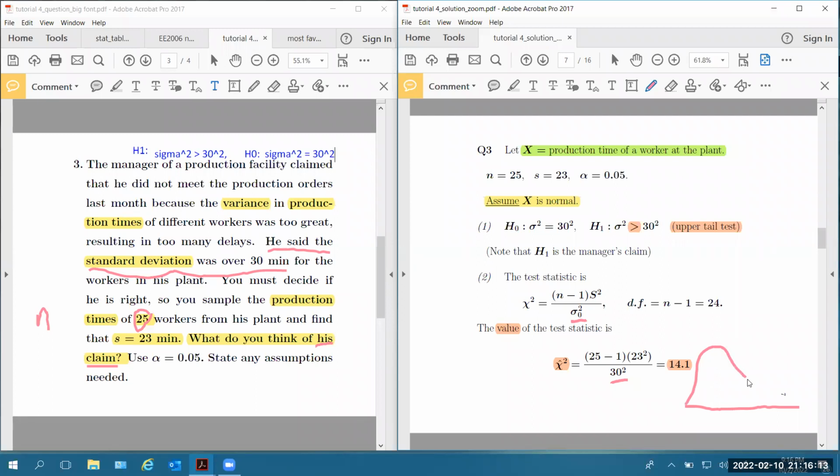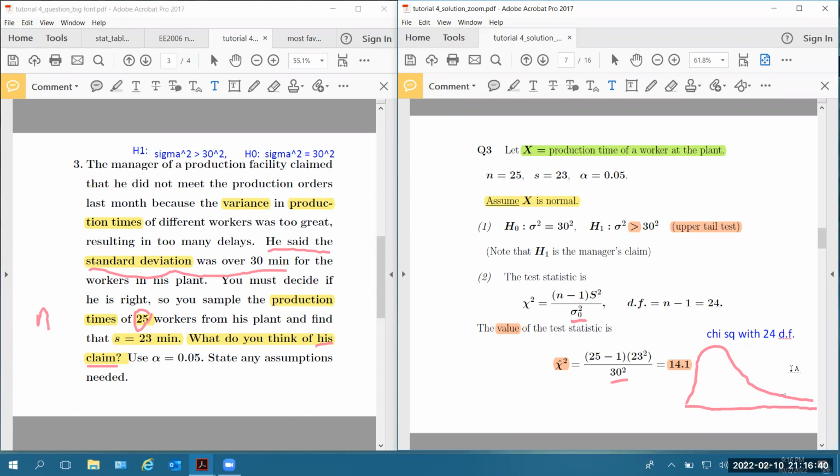Chi-square is like a wave. Everybody has been to the wave, for exam, right? So this is a chi-square. Let me type here chi-square with n minus 1 degrees of freedom, which is 24.